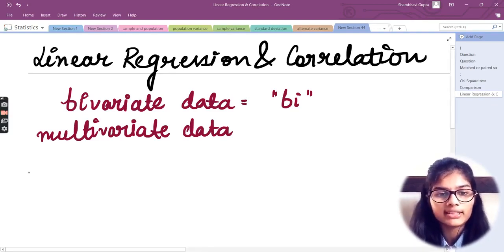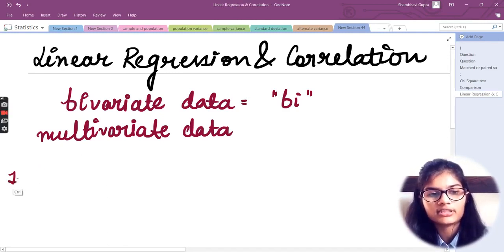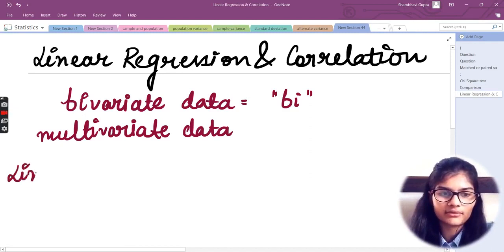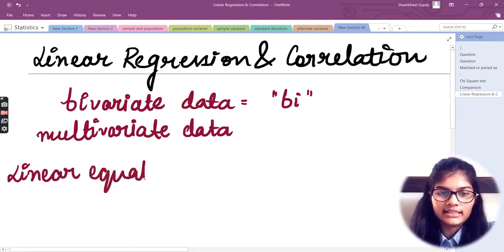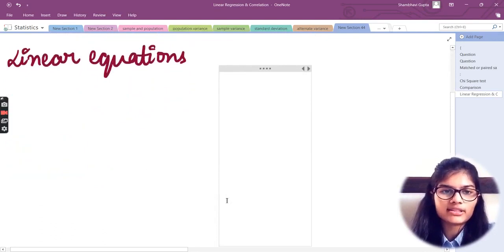Now I'll take you to the very first topic that I have right here, and that's linear equations. Okay, let's come down and start studying this particular thing.